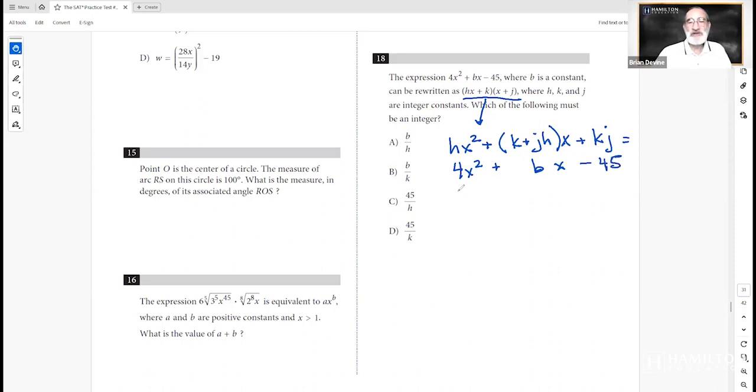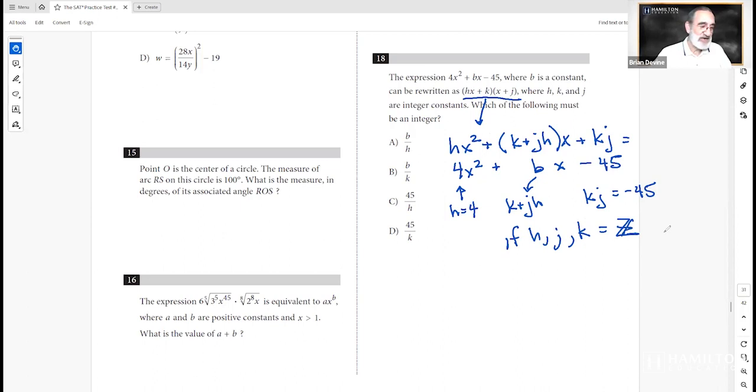And so right away I know that h has got to be 4 because that's the coefficient of x squared. And b has to be k plus jh. And kj has to equal negative 45 because that's the constant term. And I know that h, j, and k are all integers.